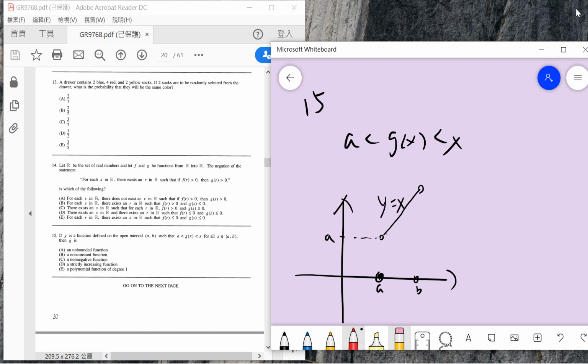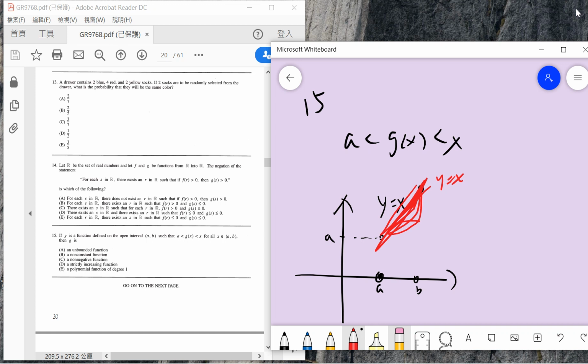So it looks like the function on the open interval should look like this, or probably this, but it must be less than this y equals x. So it looks like it cannot be a constant function. Suppose you plot this graph carefully, then you can see B is the answer. But how about we go case by case.